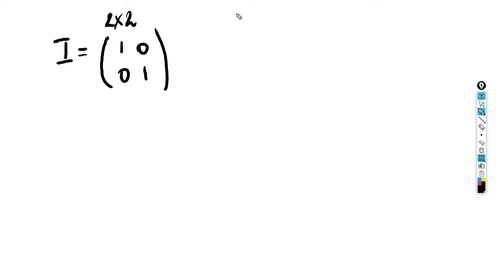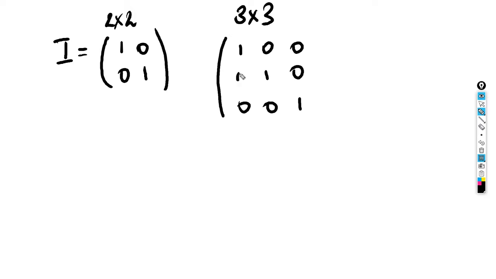So let's use an example of a 3 by 3 matrix instead, okay? So let's say this is a 3 by 3 matrix, 3 rows and 3 columns. So the main diagonal is 1 and the other numbers are 0. So this is also the identity matrix for a 3 by 3 square matrix.